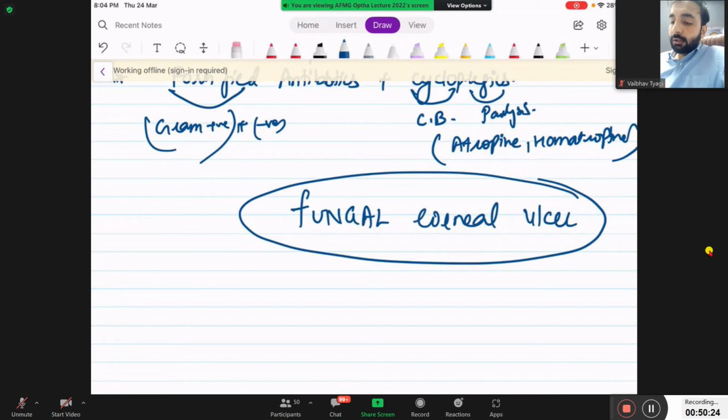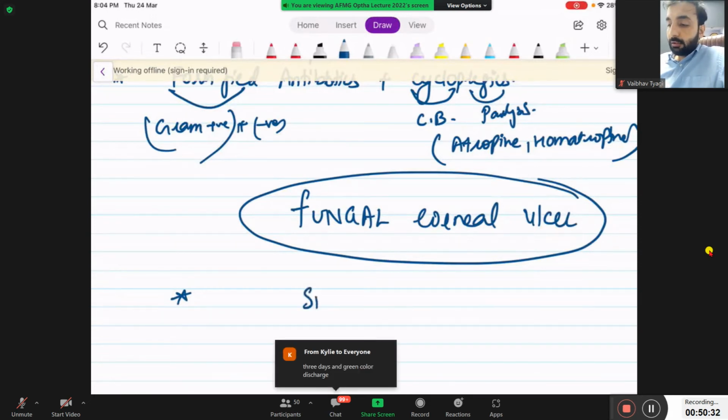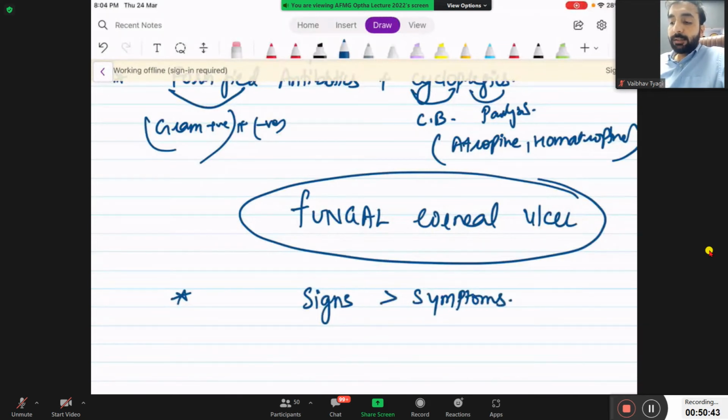Okay. So in fungal corneal ulcer, the catch point they will give you in the history, in the question itself, is that signs are more than symptoms. What does it mean?